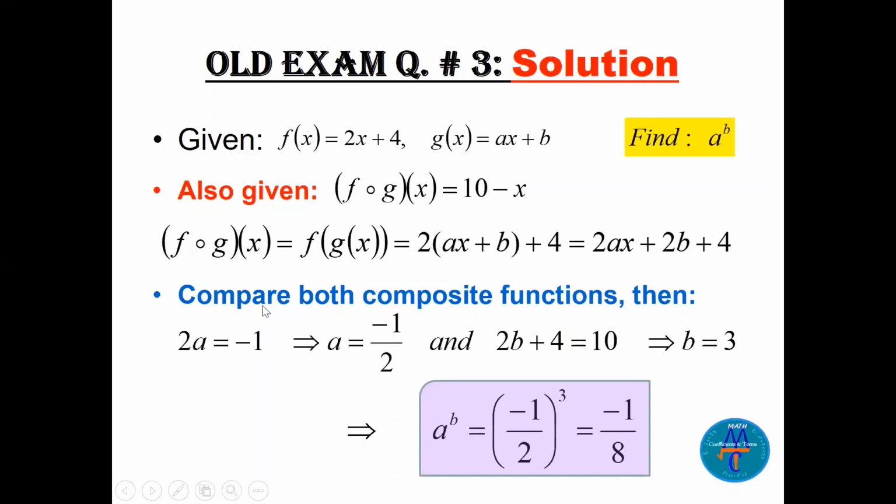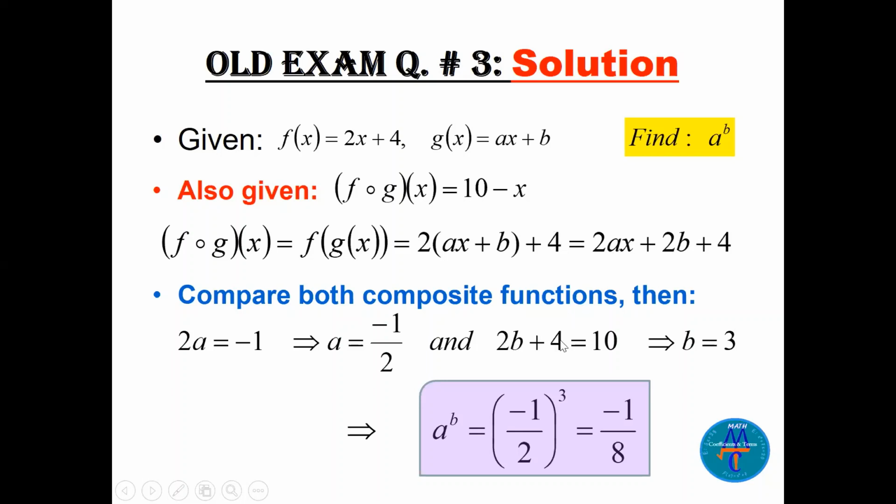So we compare both composite functions. When you compare them, minus 1 here is the coefficient of the x, and here the coefficient of the x is 2a. So they are equal. And also the constant here is 10, the constant without x, and here the constant is 2b plus 4.